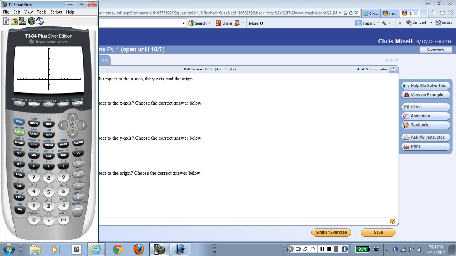I'm going to try that viewing window and see if we can see any portion of this graph. Kind of. What little we see does appear to have y-axis symmetry.